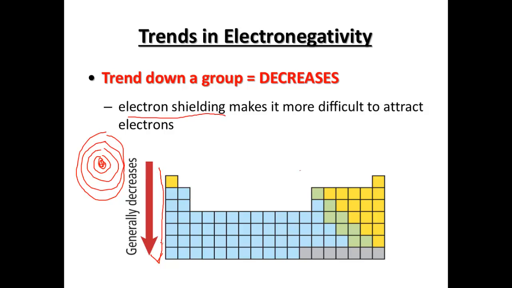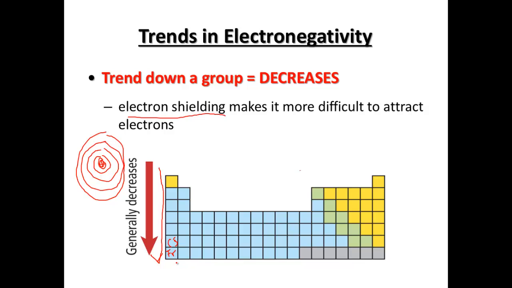So the further down we go, the less likely they are to grab onto electrons or pull electrons into their orbitals. Now we have down at the bottom francium and cesium. These do not want electrons at all. They will always give up their electrons to other elements.